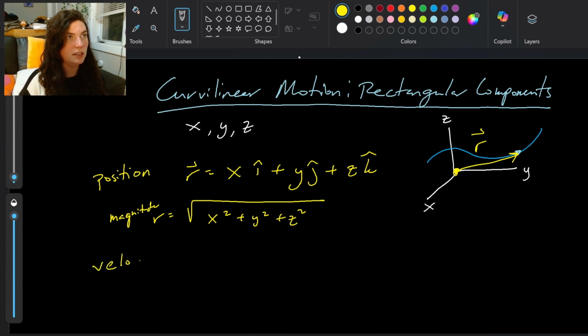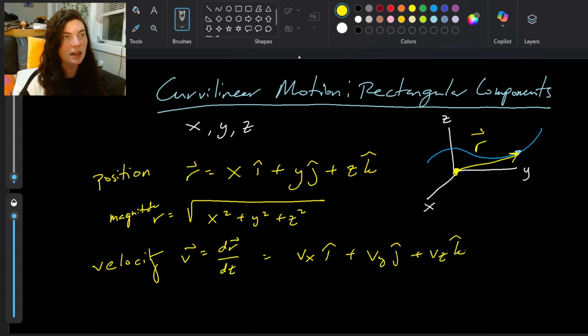So our velocity, being the derivative of the position over time, is going to give us a Vx component, i hat, plus a Vy component, j hat, plus a Vz component, k hat. You could see this written in a lot of different ways.